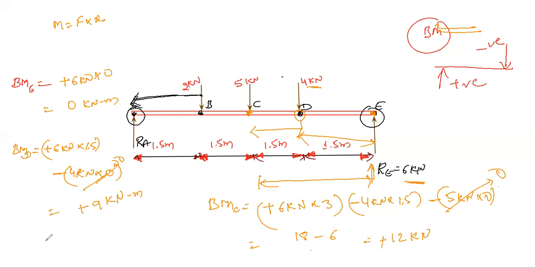Similarly, bending moment at point B. Bending moment at this point is again the 6 kilonewton reaction force into the distance from here to here, 1.5, 1.5, 1.5, it is 4.5. Next, the downward force is negative 4 kilonewton into the distance from here to here, which is 3.